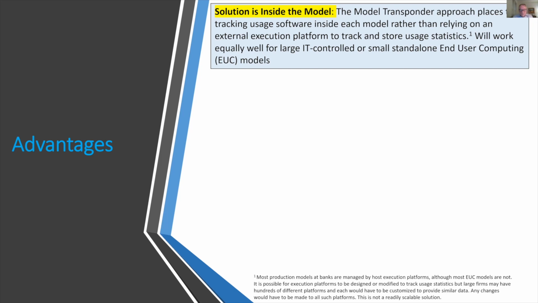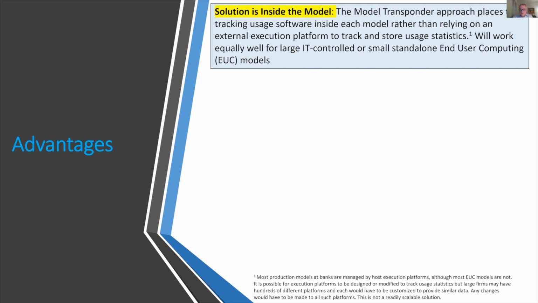And there's no firm today that runs all of its models in a single execution platform that I know of. At the firms I've worked at, we had dozens or even more than 50 different execution platforms. The model transformer approach places the tracking software inside each model rather than relying on an external platform.